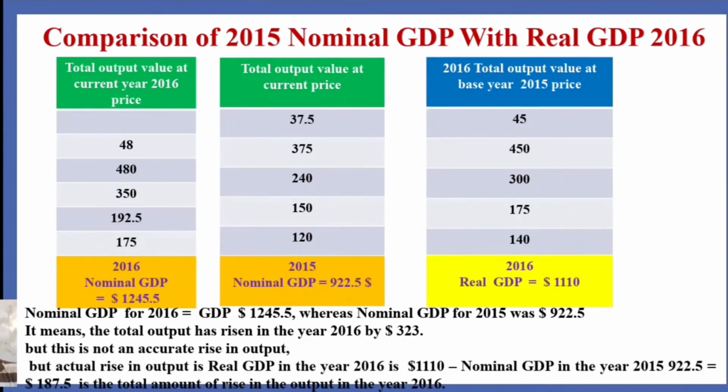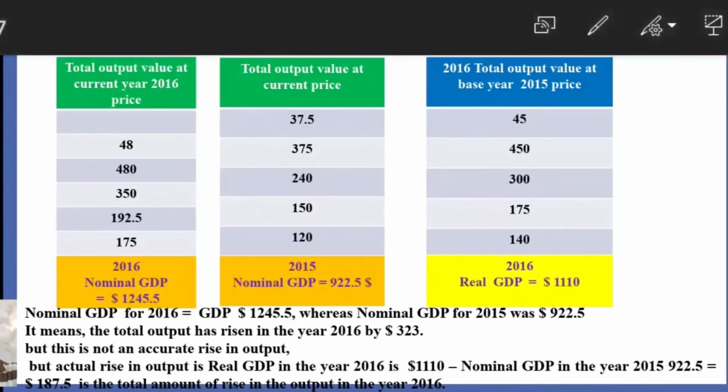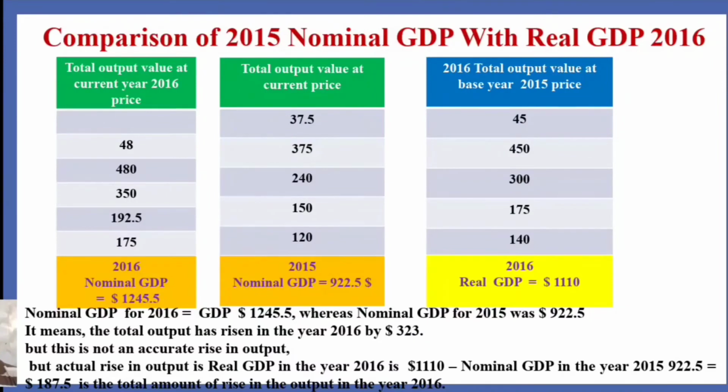The actual rise in output is the real GDP in 2016, 1110, minus the nominal GDP in 2015, $922.5, which equals $187.5. That is the total amount of rise in output in the year 2016.